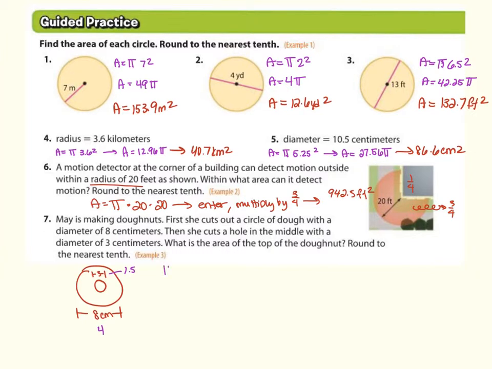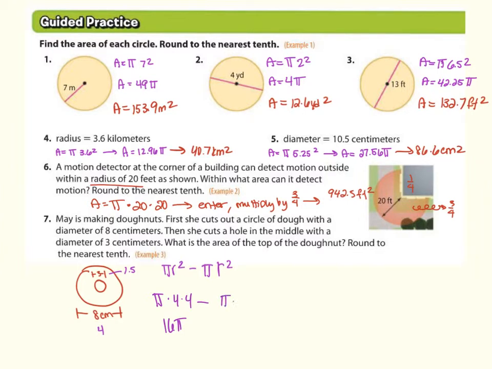So we are going to take this formula again that we used before. We're going to take the bigger one, pi times 4 times 4, which is 16 pi. And we're going to subtract pi times 1.5 times 1.5.